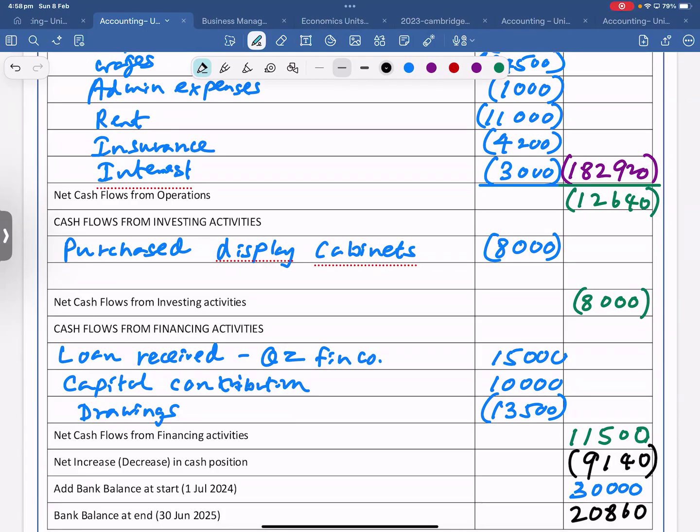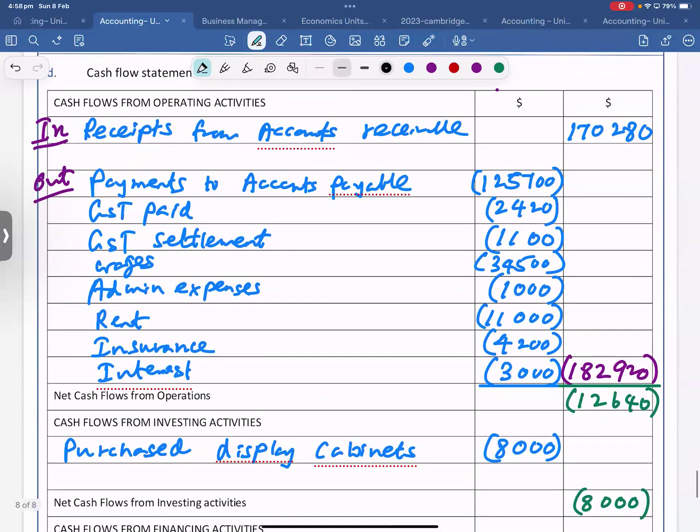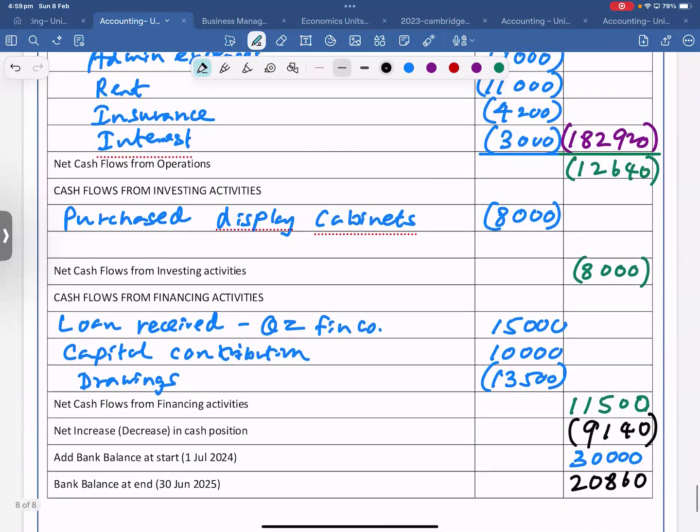Doing it or not doing it doesn't really matter, because what they allocate marks for is the net amounts. I did it for operating because it has a lot of items. If you want, we can do that as well.